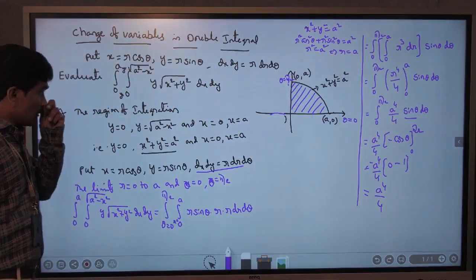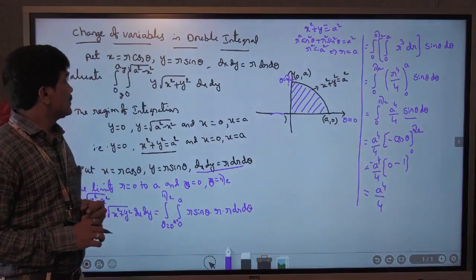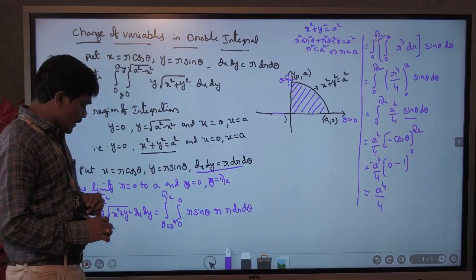Now this is one example in change of variables. Now we can take one more problem.